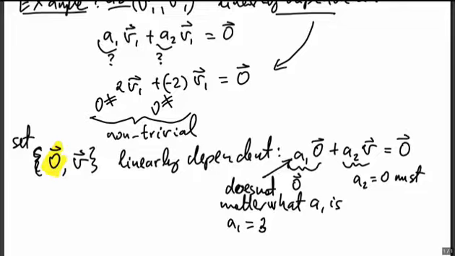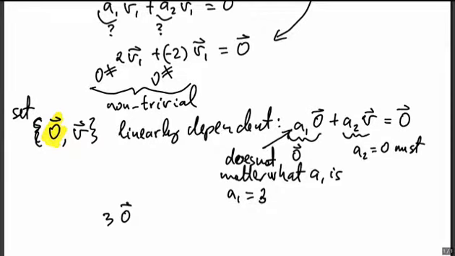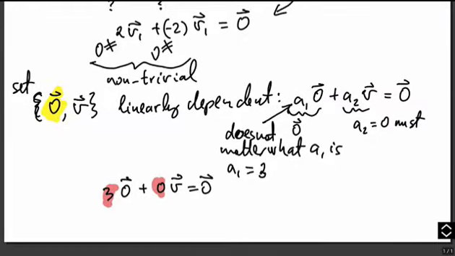But this is fine because A1 is not 0, so that means we have 3 times the 0 vector plus 0 times v equals the 0 vector, and that means that we have coefficients 3 and 0, and this is already non-trivial because at least one coefficient is not 0.